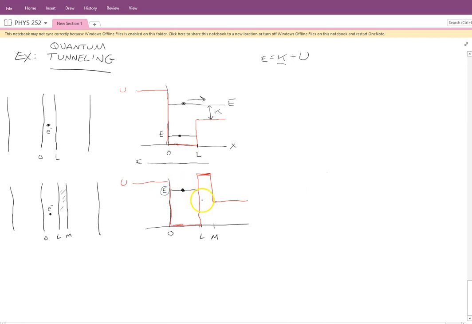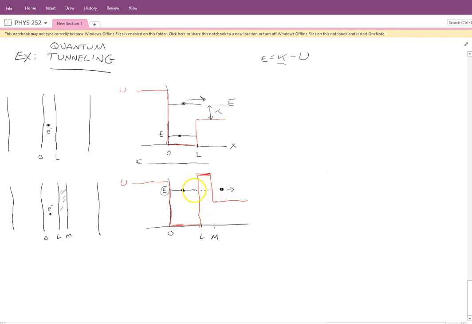Well, an amazing thing can happen. If this layer between L and M is relatively thin, relative to the wavelength of the electron, the matter wavelength, and the barrier is not too high, there is a probability that this electron can actually appear over here, even though classically it should not.